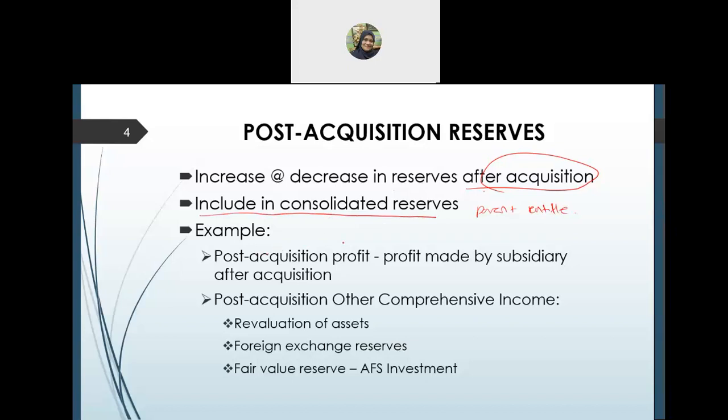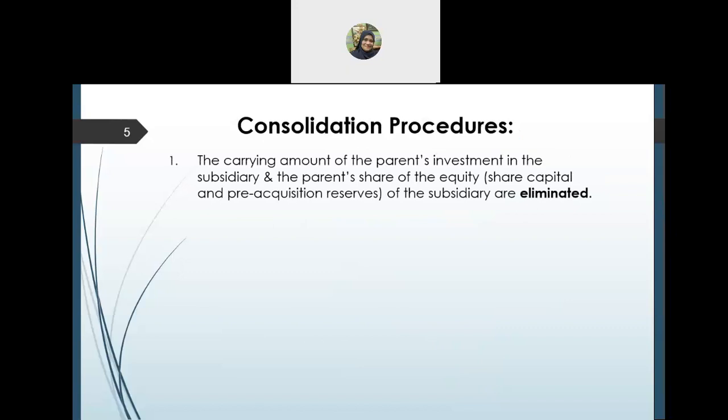An example of post-acquisition reserve is post-acquisition profit, which is profit made by the subsidiary after the acquisition, and any other post-acquisition items related to other comprehensive income, for example revaluation of assets, foreign exchange reserve, and fair value reserve. So this is more reserve that exists after the acquisition, and we include it in the consolidated reserve because the parent is entitled to it.